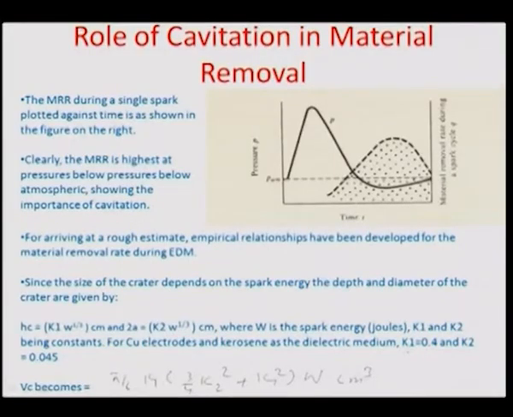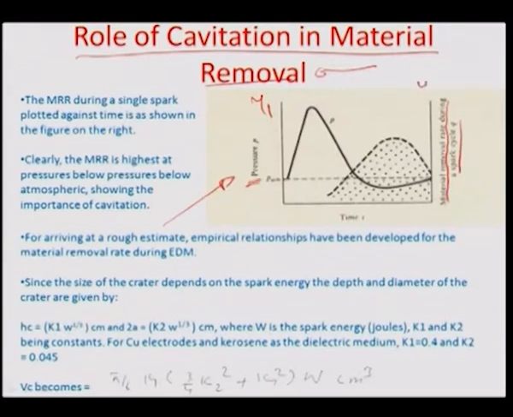So, let us look at the role of cavitation in material removal in the ECM process. Refer to this particular figure here. It is between pressure of the zone of the spark, which is plotted on this y1 axis, and the material removal rate during a spark cycle Q, which is plotted on the y2 axis, with time scale on the x axis, okay.